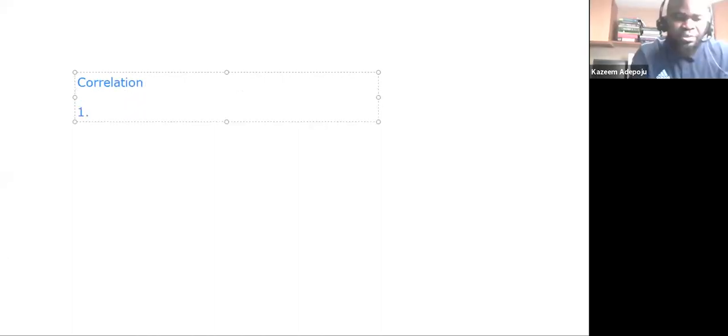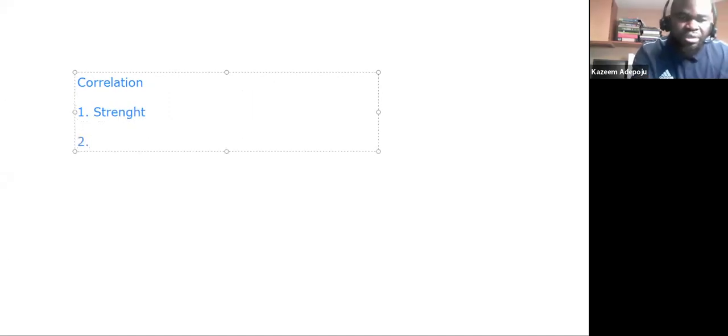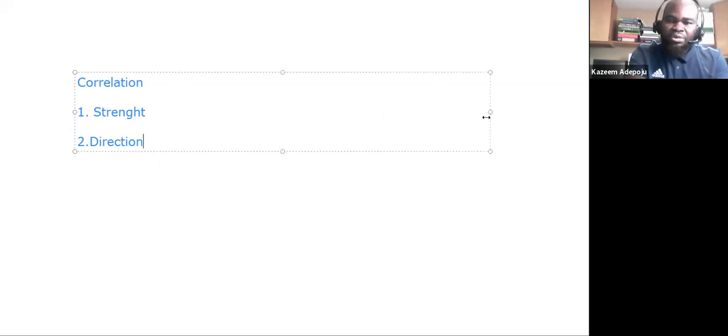Number one, the correlation will enable us to know the strength. And number two, we'll be able to figure out the direction. So if I'm looking at the relationship between two variables, what I need to do is obtain the correlation.